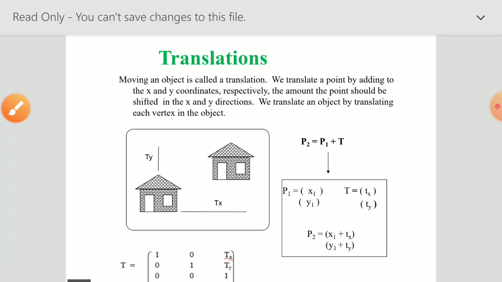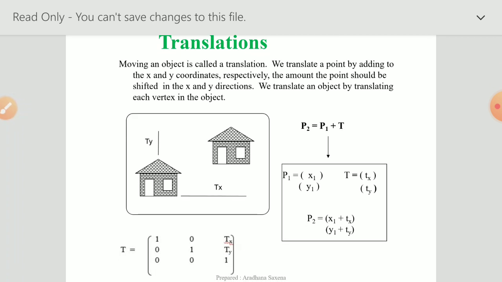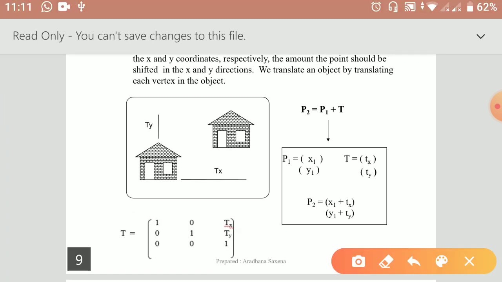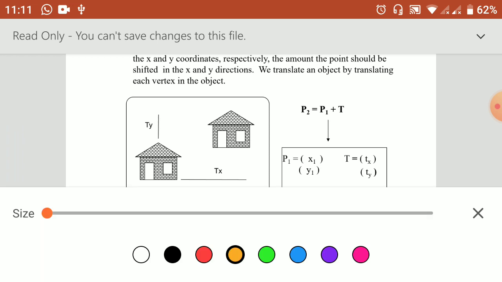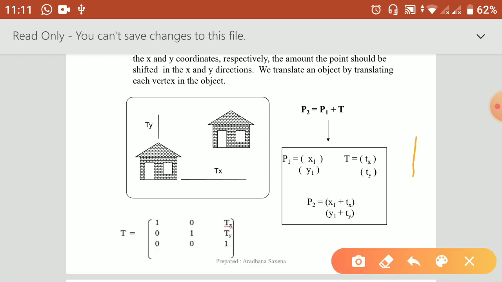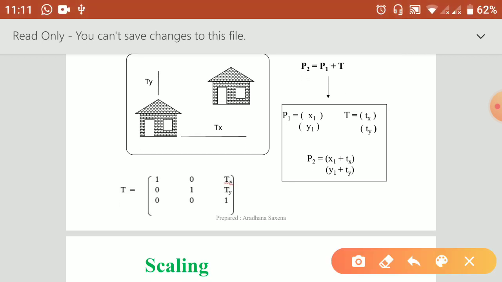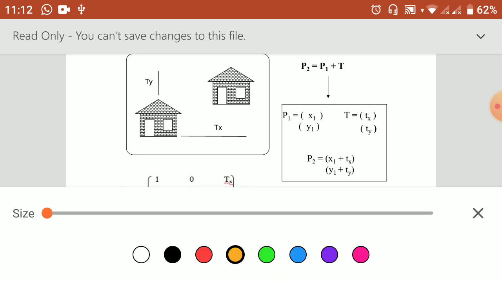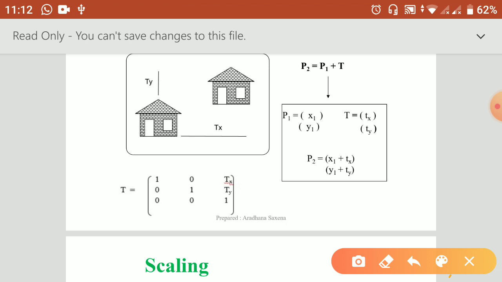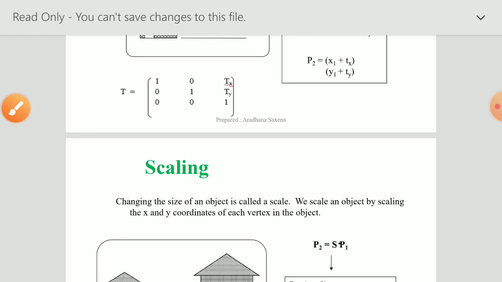Then translation. Translation means shifting the x and y values, or just shifting an object from one place to another, and at the other place there will be two different values of x coordinate and y coordinate. So the difference of x and y, tx and ty, will be used in the translation matrix.